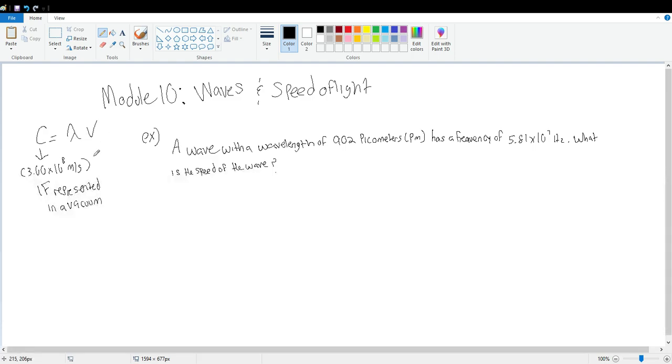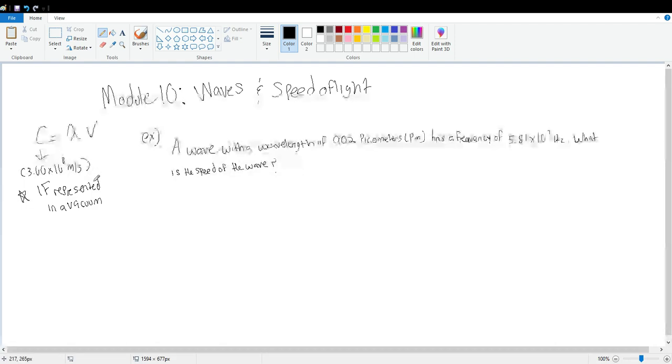So the speed of light will equal 3.00 times 10 to the 8th meters per second if, and this is big, if represented in a vacuum. So if it tells you that it's in a vacuum, then you could use that number. But if not, we can't just assume that this is the go-to number every single time. So I just wanted to reiterate that before we get started.